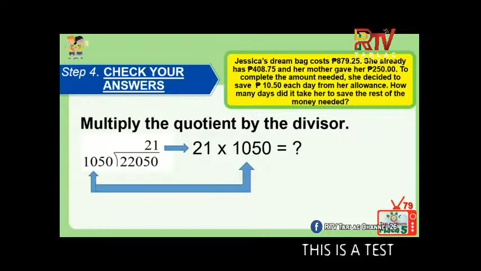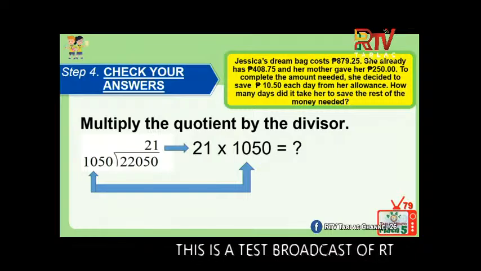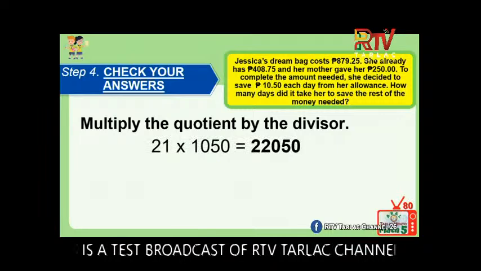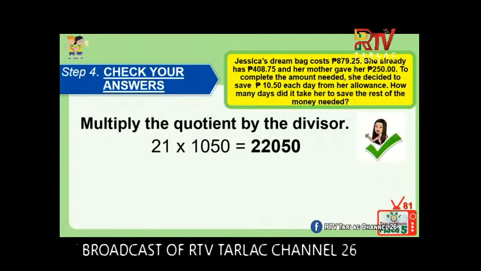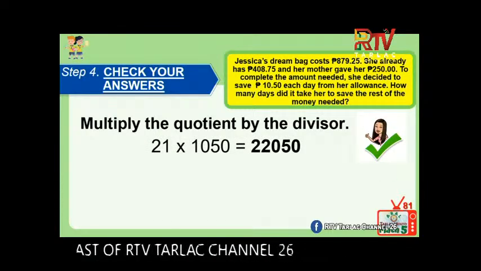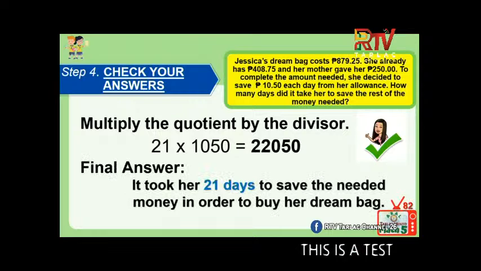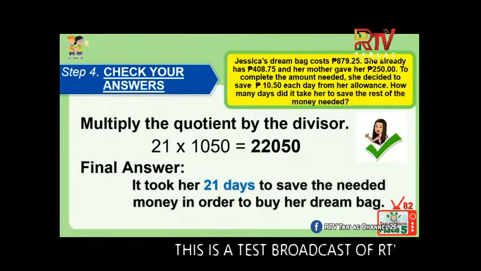Multiply the quotient by the divisor. 21 times 1,050 equals, if you arrived with 22,050, then you are correct. So, it took her 21 days to save the needed money to buy her dream bag.